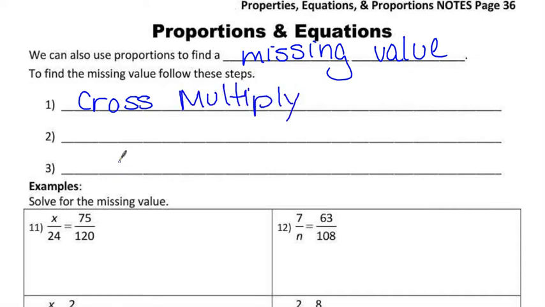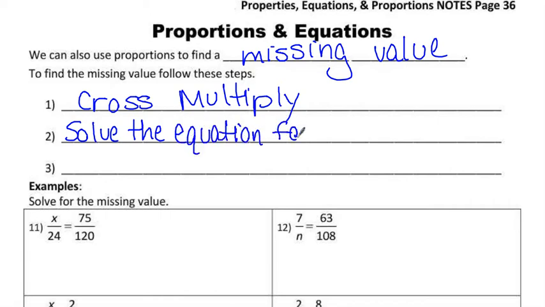And then we solve for the missing value. And then the last step is we plug the solution in the proportion to check.